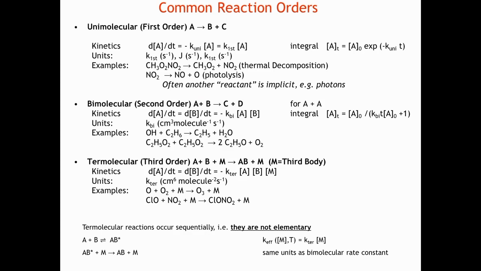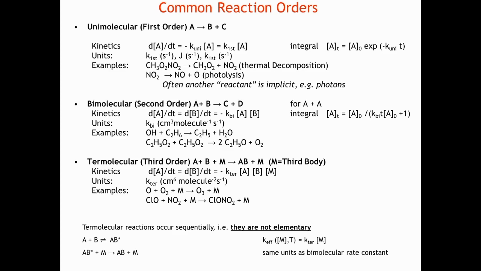So a first order reaction, A going to B plus C. The kinetics is described. What's the stoichiometry with respect to A in the top expression? It's 1. Yeah? So therefore, it's 1 over 1 times dA by dt.